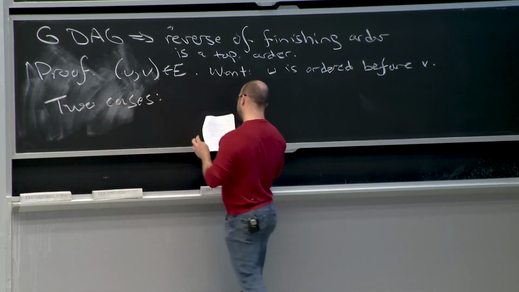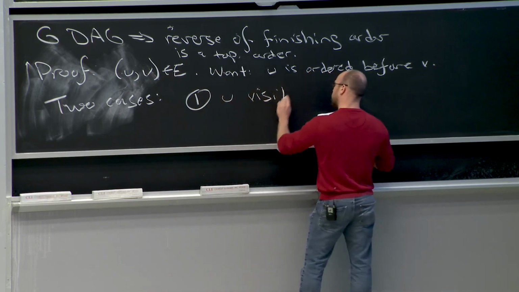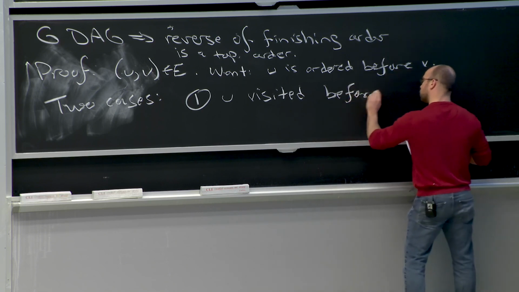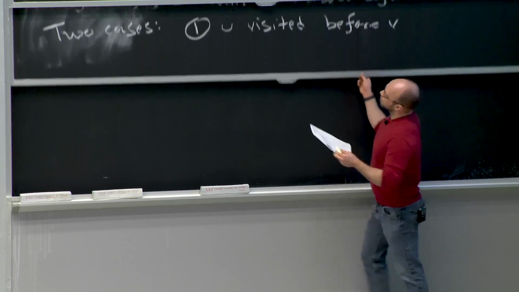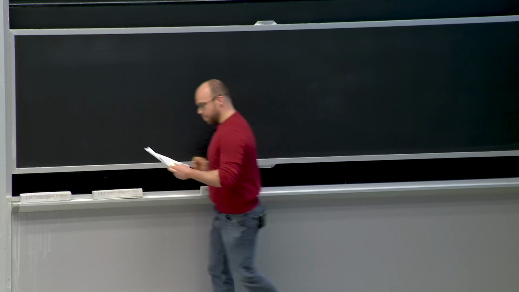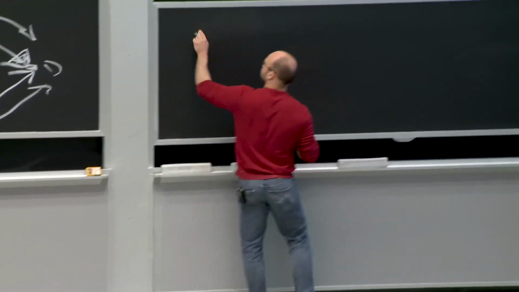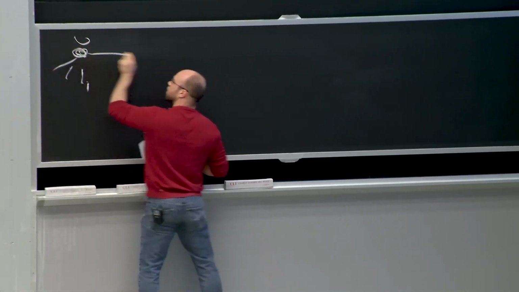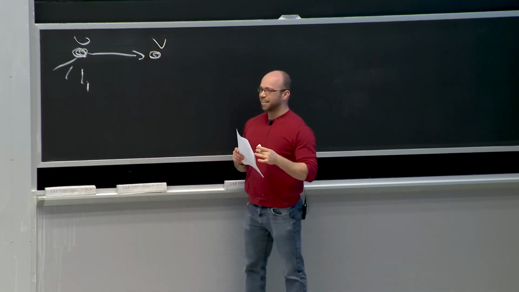So case number one is U is visited before V. All right, so what does that mean? Well, pictorially, there's all kinds of graph stuff going on, and then there's U, and we know that there's a directed edge from U to V. That's our picture, right?